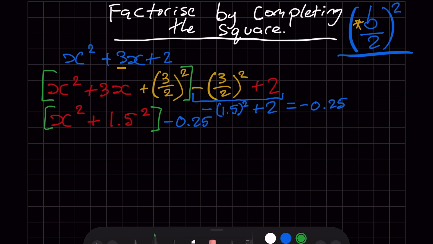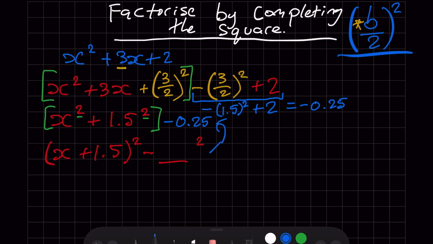So we're going to take this green bit, minus 0.25. Finally, these are both squares, which means we can go x plus 1.5 squared. And we want to add in our minus something squared to give us 0.25. But we do not know what to write in here. We don't know what times itself equals 0.25.